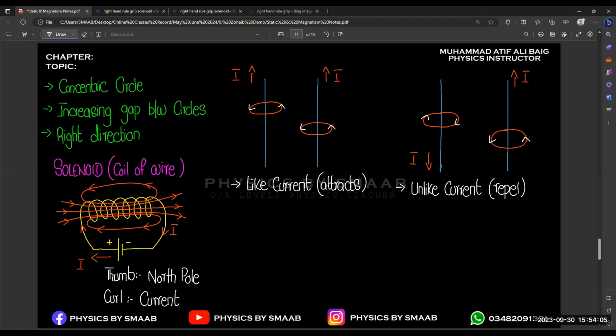And further, if you consider the example of the conduction, so basically let's suppose we consider two examples with into the page and out of the page situation.